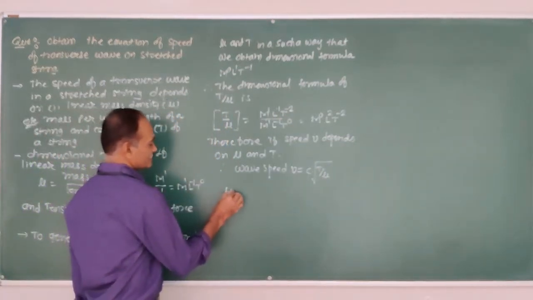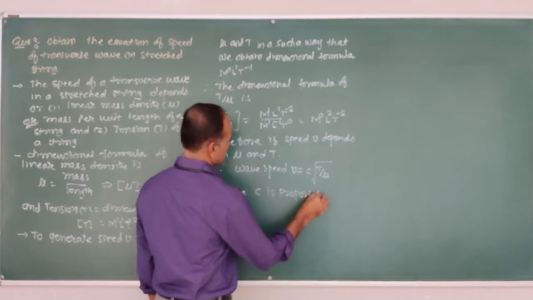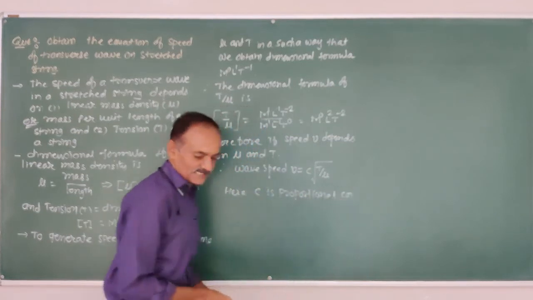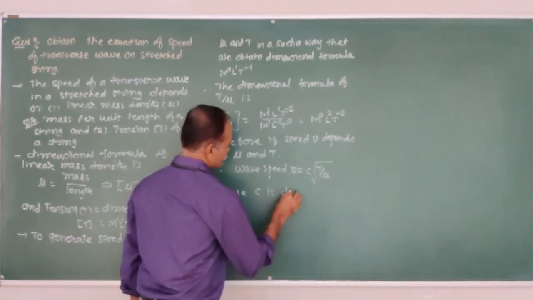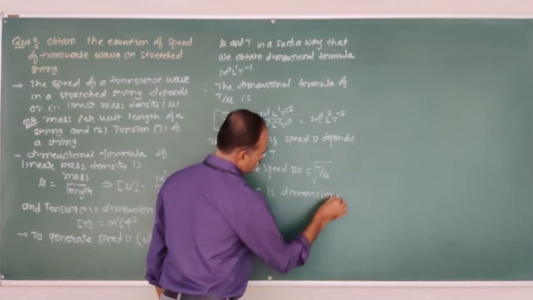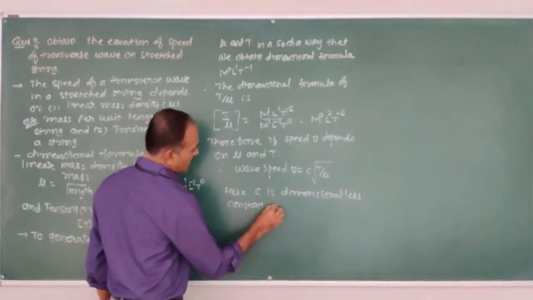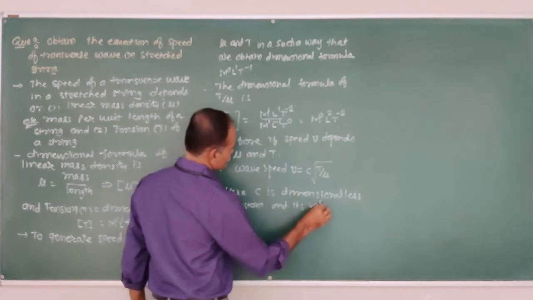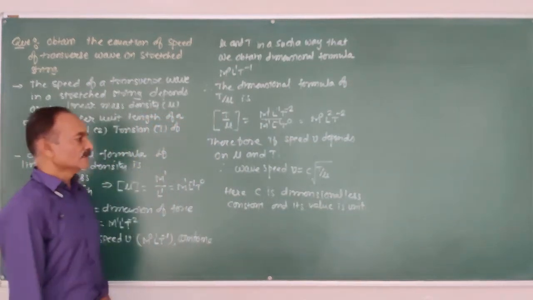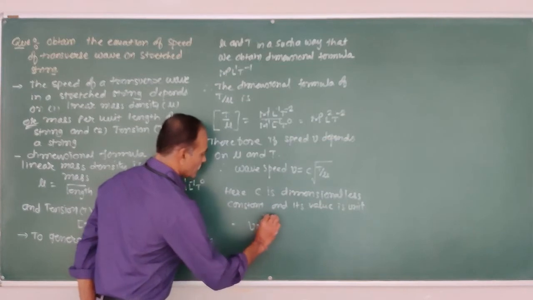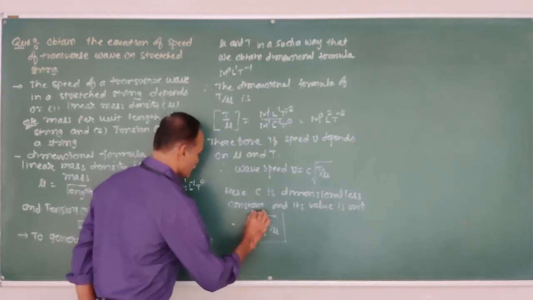Here c is a proportionality constant, a dimensionless constant, and its value is unity. Therefore, v is equal to the square root of T upon mu.